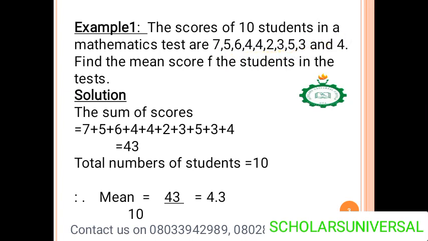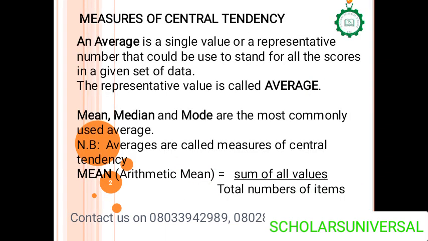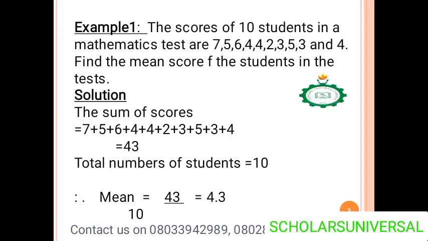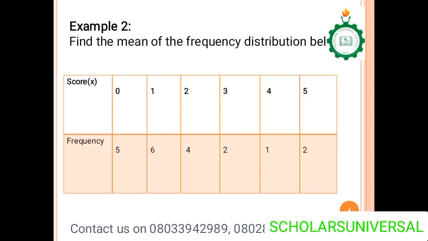That is the sum of the scores, which gives 43. Now, how many students participated? 10 students participated. Your mean will now be 43 over 10. That is the sum of all the values over the total number of students that participated, and that gives 4.3 when you divide through.